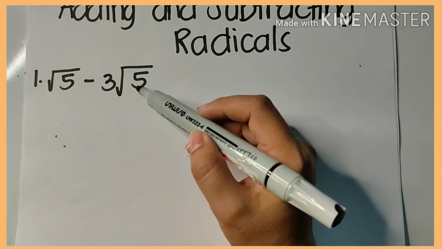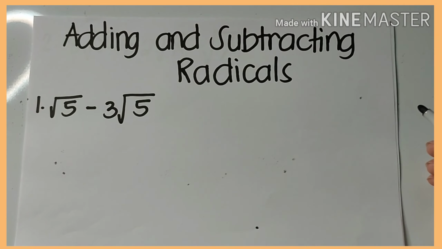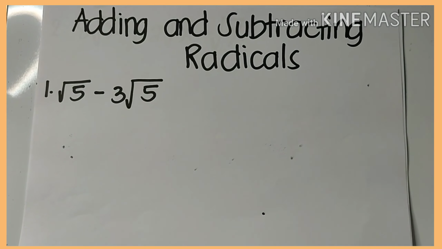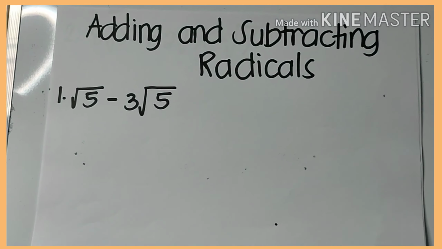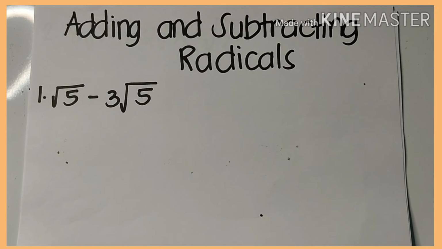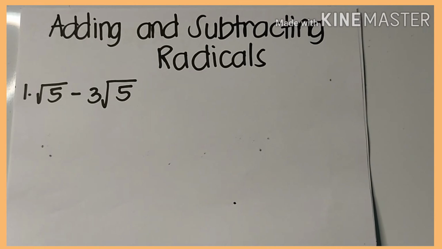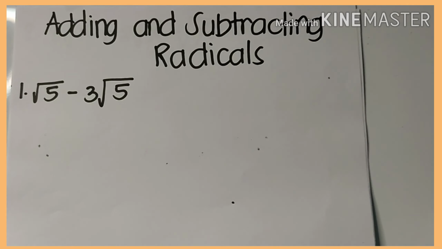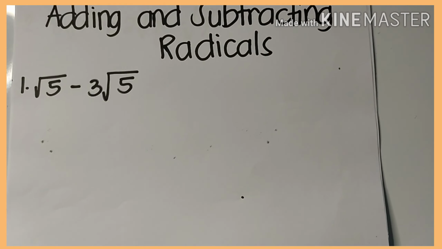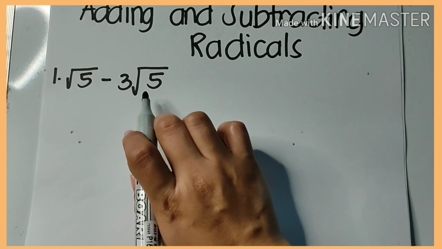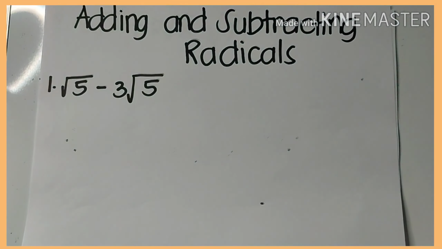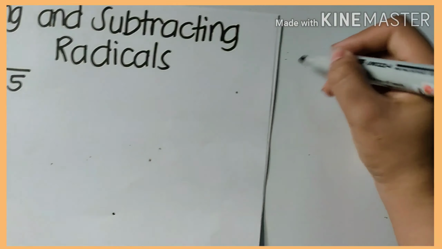What we're going to do is simply distribute using the distribution property, just like solving an algebraic expression. First, copy the square root of 5.